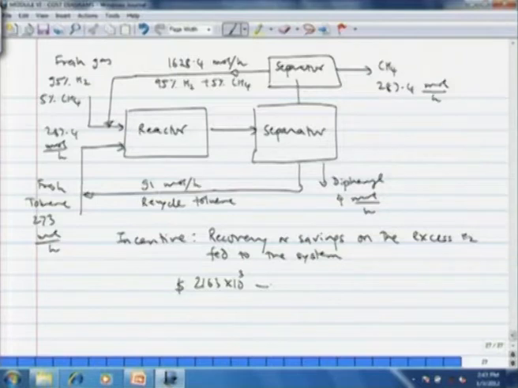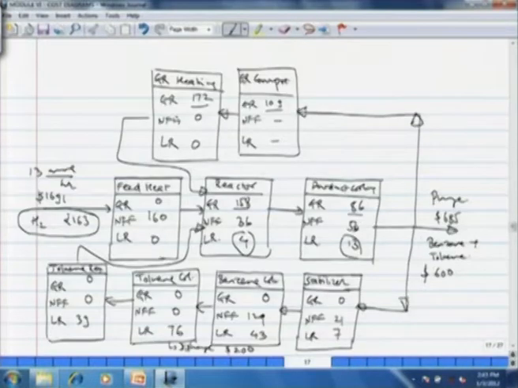However, the purge stream that was generated from the process was also used as a fuel, and that fuel was worth $685,000 a year. Now, when we are not going to have hydrogen in the purge, this $685,000 worth of fuel we have to buy extra, so that is an additional expenditure.